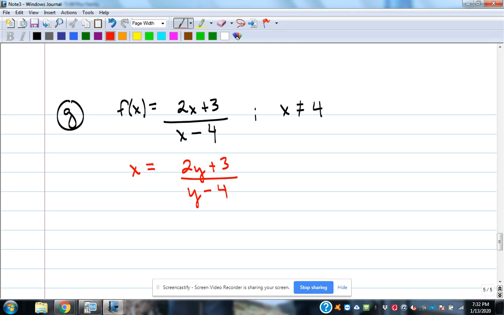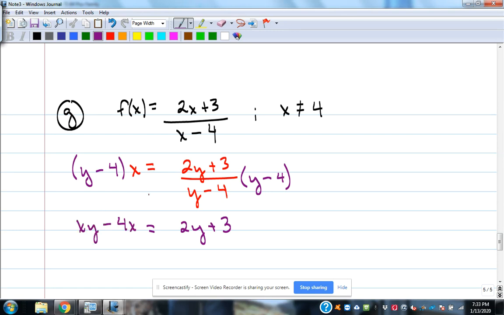Right now the y is in the denominator, so I need to get it out of the denominator. The only way to do that is to multiply by whatever that denominator was, which is y minus 4. So I'm going to get 2y plus 3 on the right side, and on the left side I'm going to distribute that x. So I get xy minus 4x.